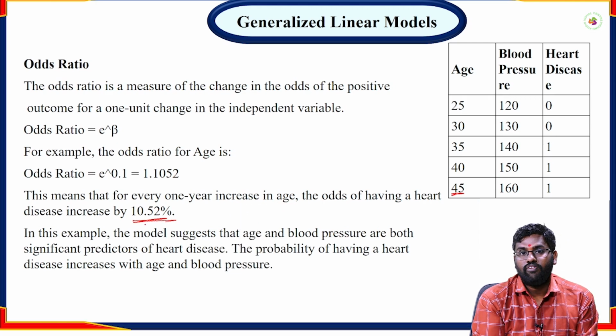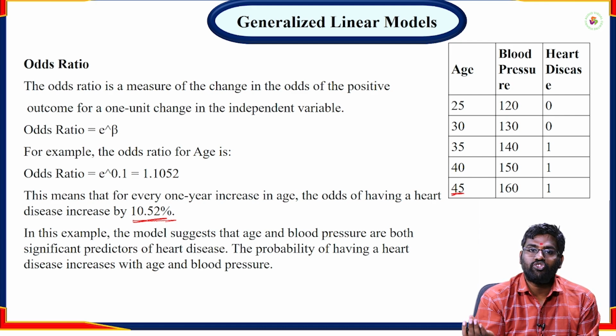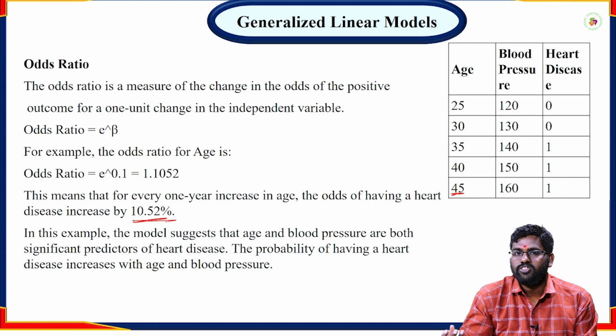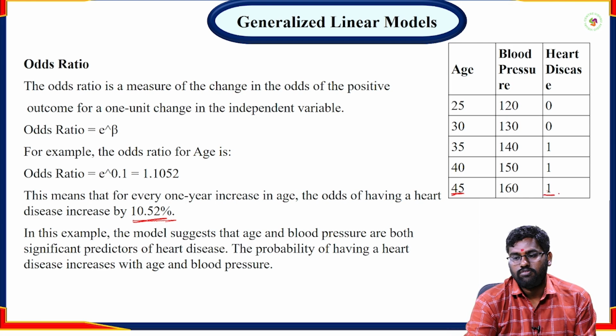So for every 1 year, the heart disease percentage will increase by about 10% for that person. Finally, if the age increases and the blood pressure increases, based on these two conditions being higher, they get heart disease.